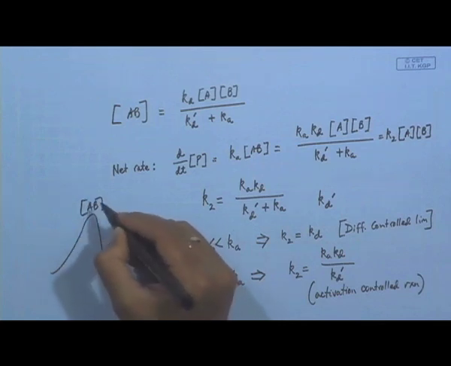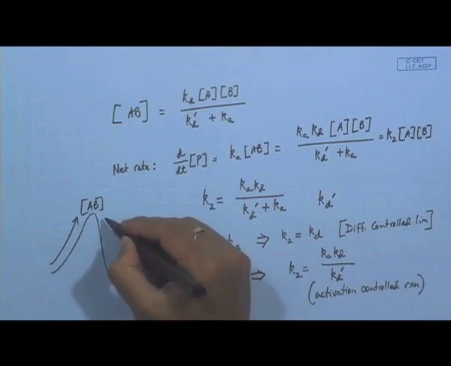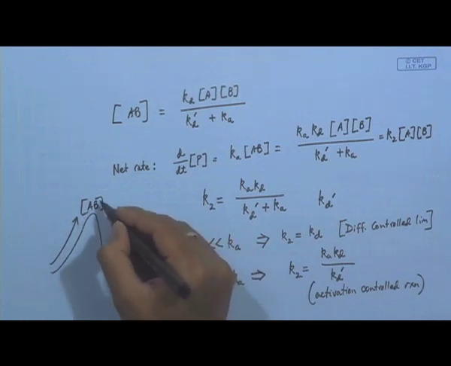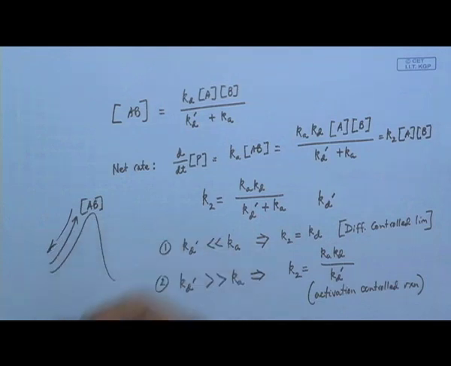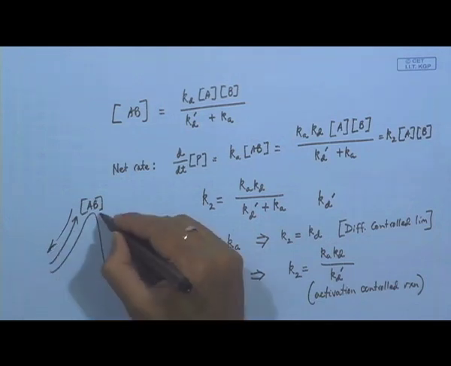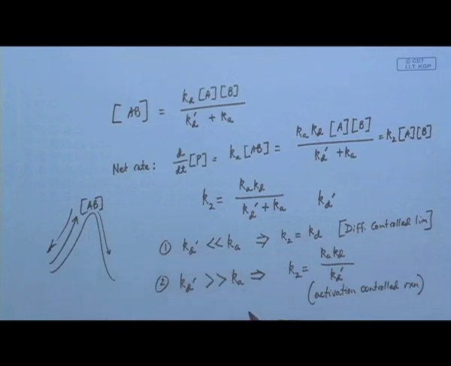Once AB is formed, this side is your formation of AB, and going back is your dissociation, and this is a slow process, that is Ka is low. So this is similar to a chemical reaction occurring via crossing of some activation barrier.